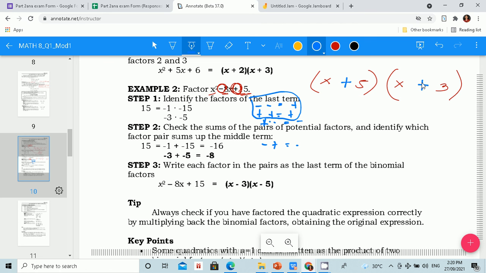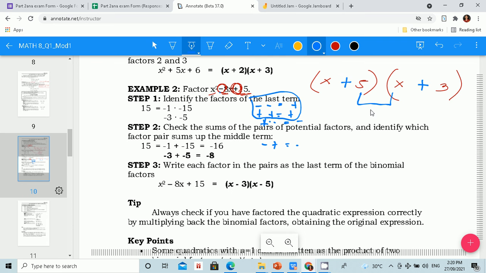Okay, if that is our factor, we can check if this is correct. When we add the inside term to the outside term, if we get negative 8x, then we are correct. But let's try this one.